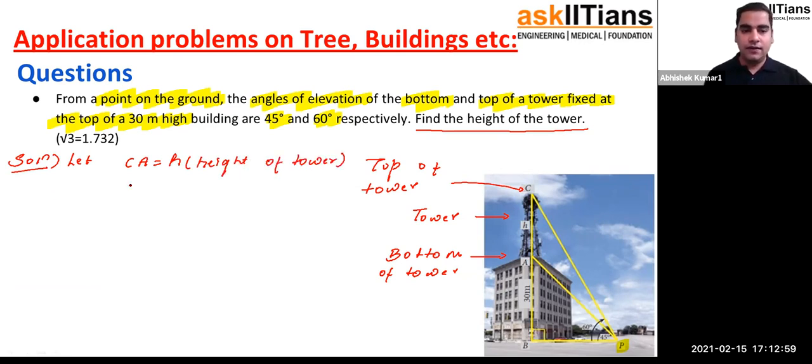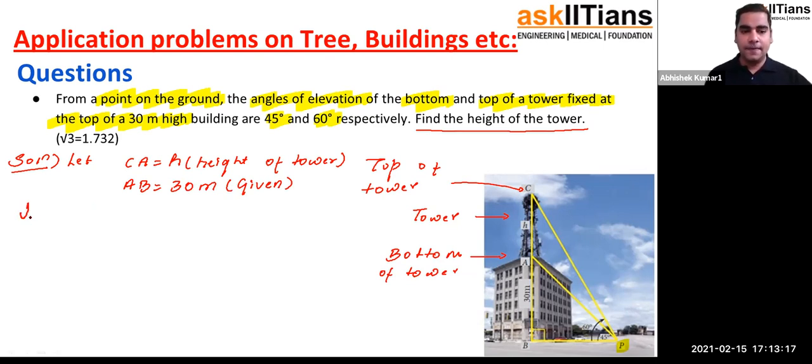And what are we given? We are given AB, which represents the height of the building. And I'm going to assume let BP be x. So we have two right triangles here, guys.